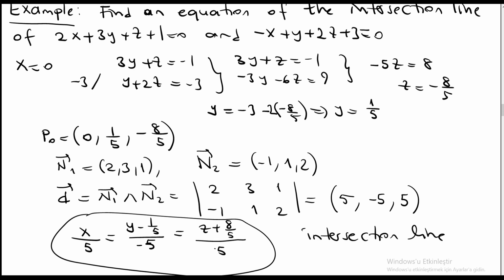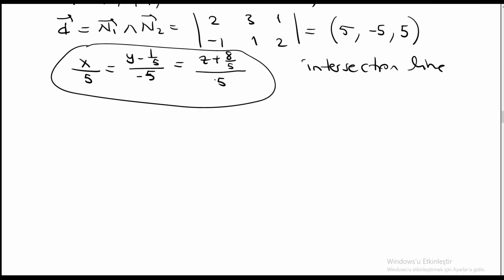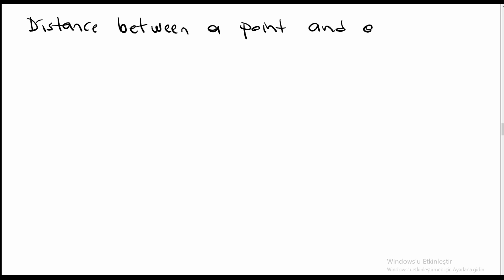Okay, now another relation between line and point. In this case, the distance between a point and a line. Now consider this line L, x minus x sub 0 over p, y minus y sub 0 over q, and z minus z sub 0 over r.